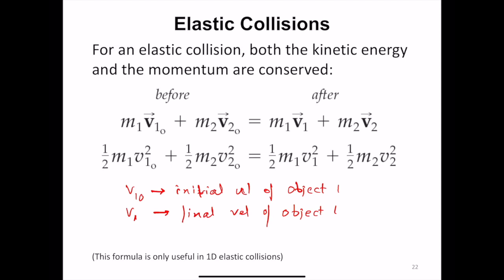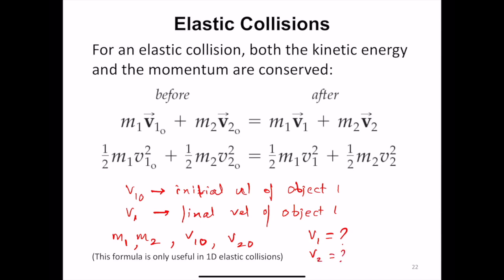So we have two objects of masses m1 and m2, and we know what their initial velocities are. So we know v10, v20. So these are things that we know. What we're interested in finding is what is the final velocity of object 1 and what is the final velocity of object 2. That's what we want to find, right?